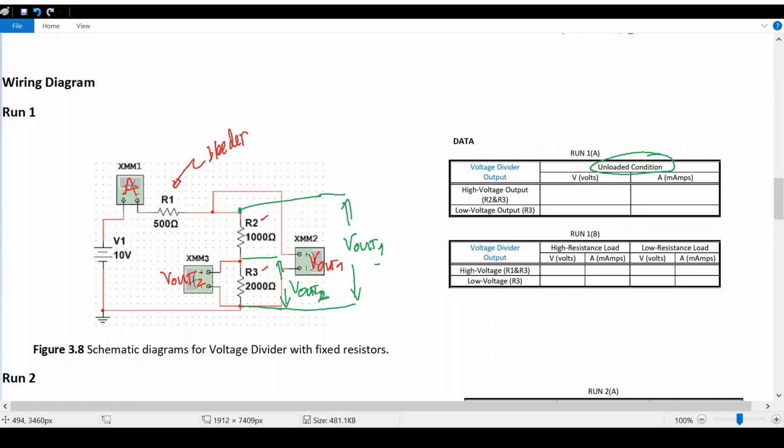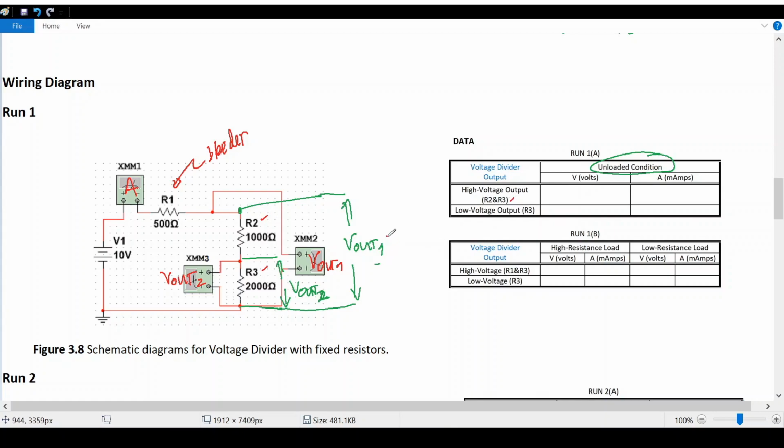So you just run the program and get the measured values for high voltage output, meaning R2 and R3 are in series.